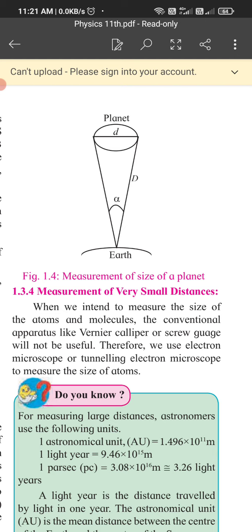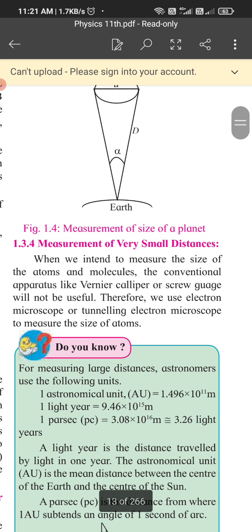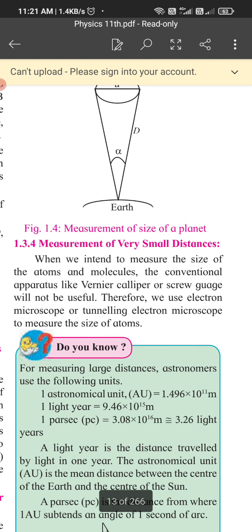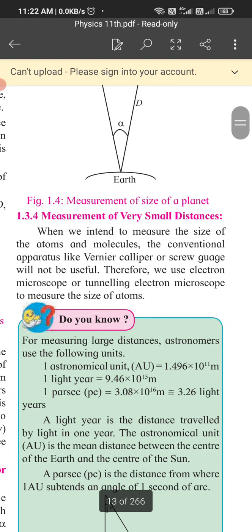1 Angstrom unit is equal to 10 raised to minus 10 meter. 1 light year is equal to 9.46 into 10 raised to 15 meter. 1 parsec is equal to 3.08 into 10 raised to 16 meter, which is equal to 3.26 light years.